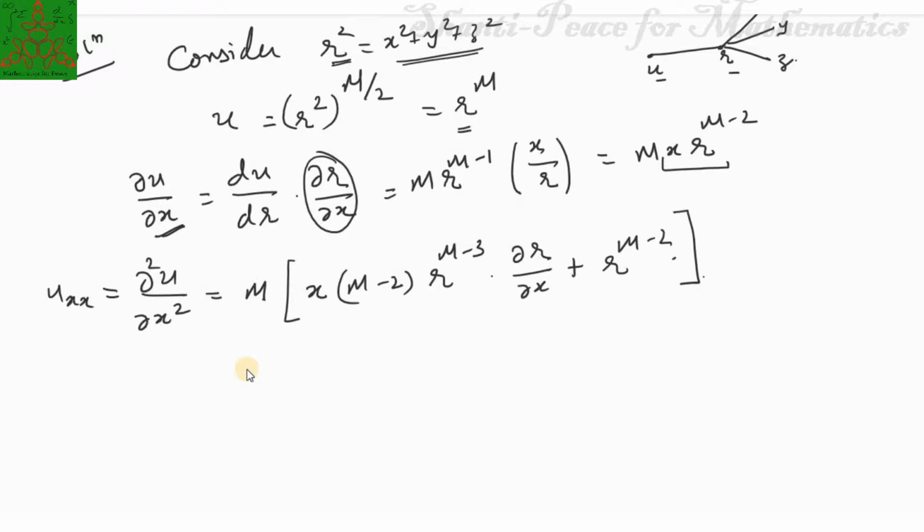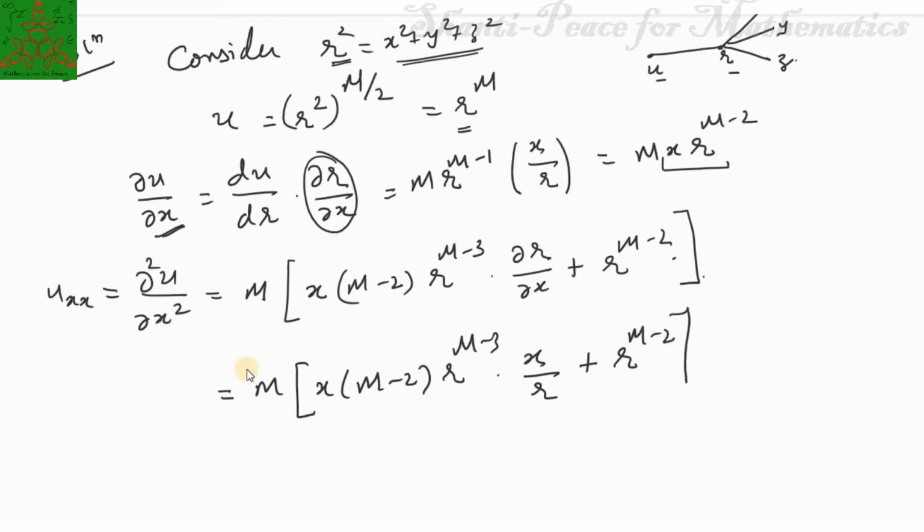So that's why we have this, and this will simplify as m, x into m minus 2 r raised to m minus 3 into x by r, because del r by del x is x by r, plus r raised to m minus 2.